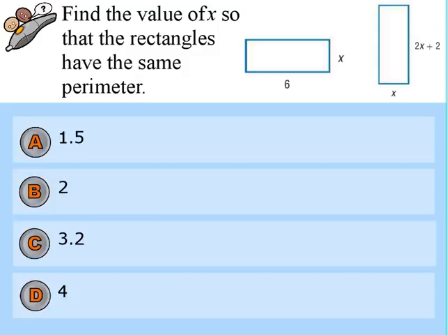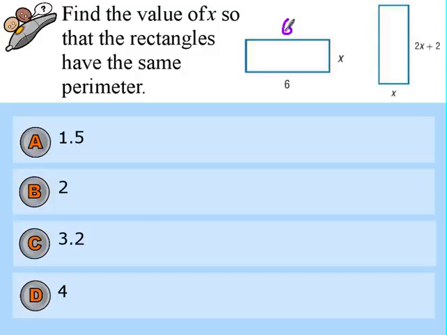Find the value of x so that the rectangles have the same perimeter. So I'm going to get you started on this. What do you know about perimeter? What is it? Perimeter? You add up all the sides, right? Because perimeter is the outside distance. You did area, okay? So perimeter is the outside distance.